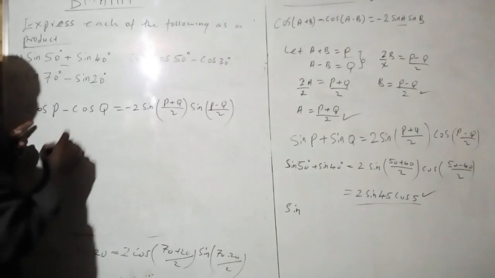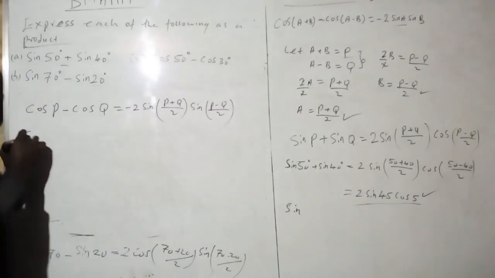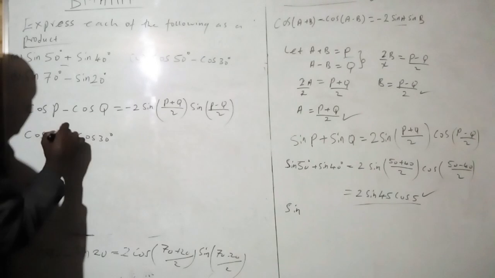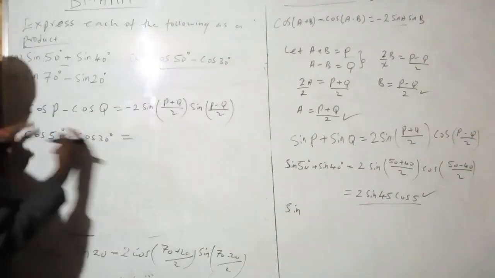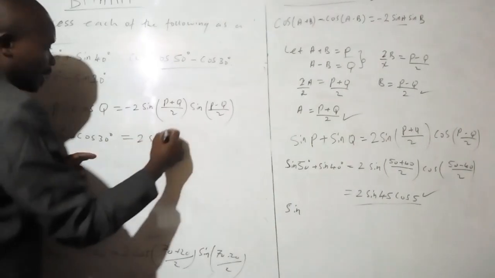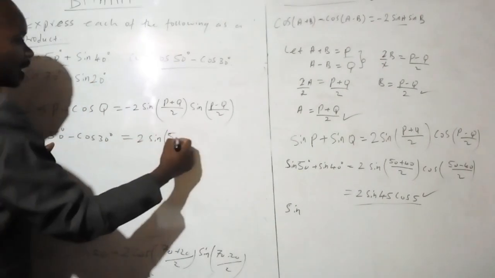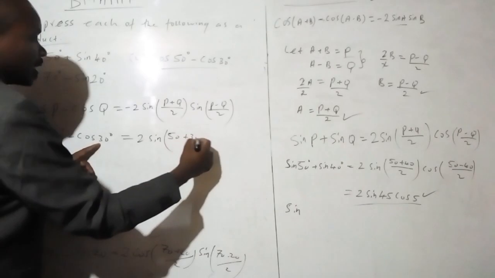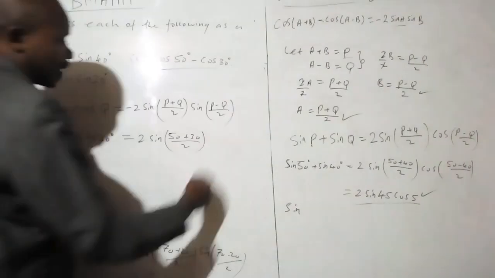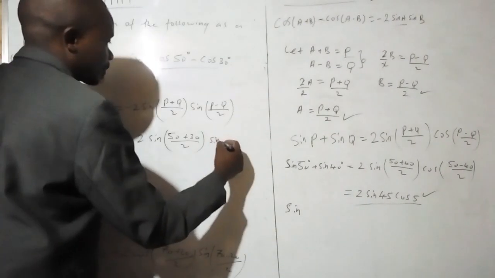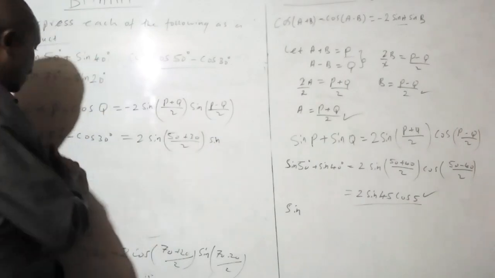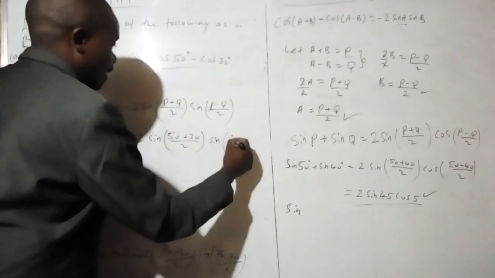Now cos 50 minus cos 30 degrees, this one. P is 50, Q is 30. P 50 plus Q 30, you divide by 2. Then sine of P minus Q, 50 minus 30 all over 2.